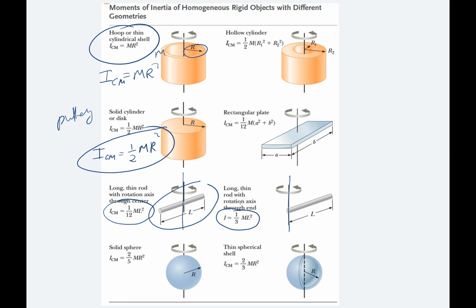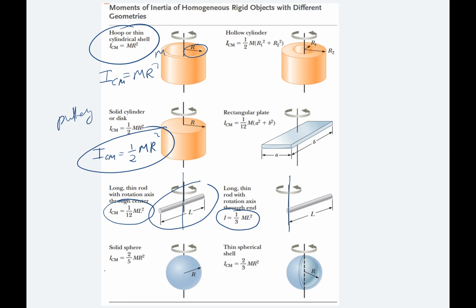And obviously if it's rotating through the center, it has a smaller moment of inertia, which means it's easier to rotate than when it's rotating at the end. The larger the moment of inertia, the harder it is for us to rotate the system.